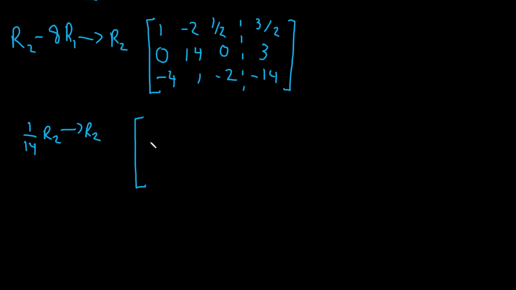So the first row stays the same: 1, -2, 1 over 2, 3 over 2. The second row is 0 over 14, which is 0, 14 over 14, which is 1, 0 over 14, which is 0, and 3 over 14, which we can't really simplify. Okay, and the third row stays the same since we're only affecting the second row of our matrix.